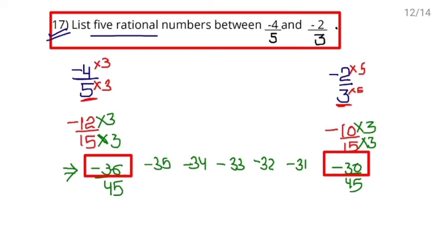So we can find easily 5 rational numbers. Put the denominator, which was 45. These can be the 5 rational number between them.